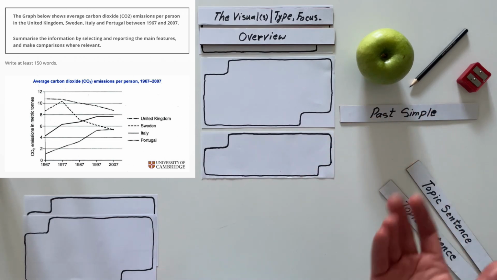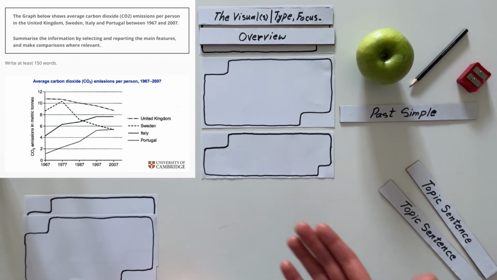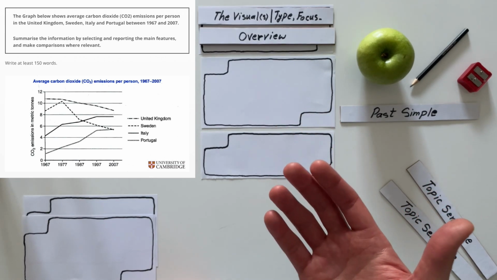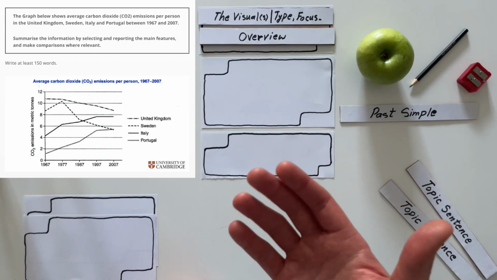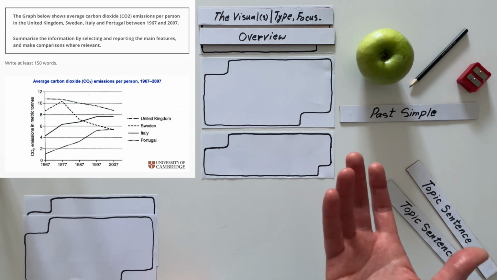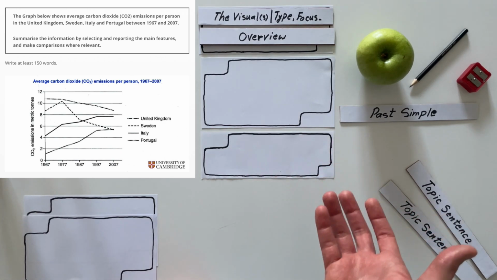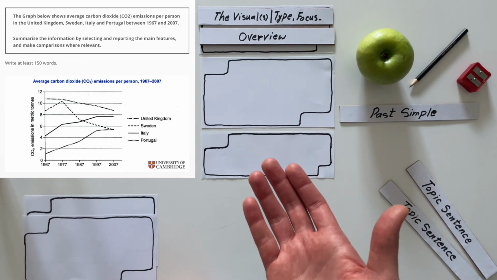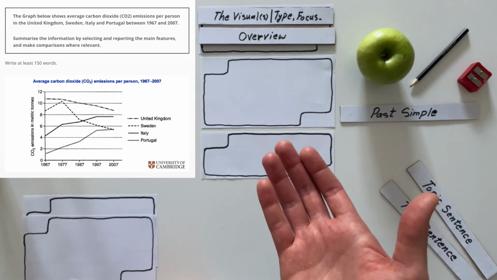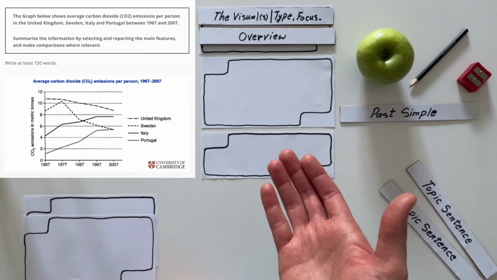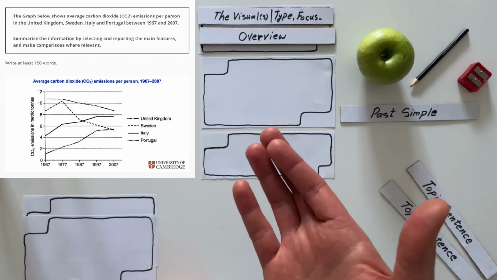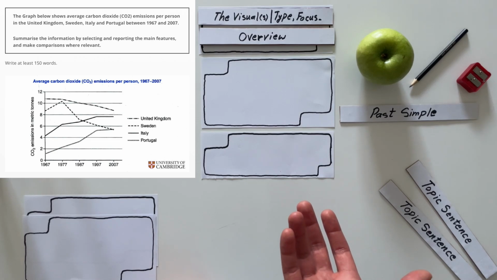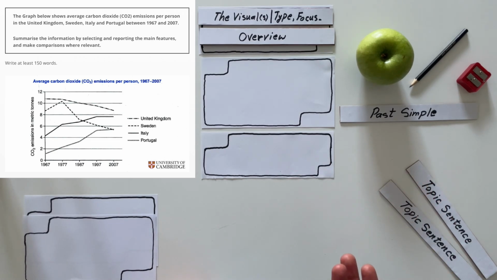Now what's an overview? Well, let's look at the line chart. I can see that United Kingdom remained the top throughout the period. So the citizens in the UK emitted more carbon dioxide per person in comparison to the other 3 countries. That can be one significant point.